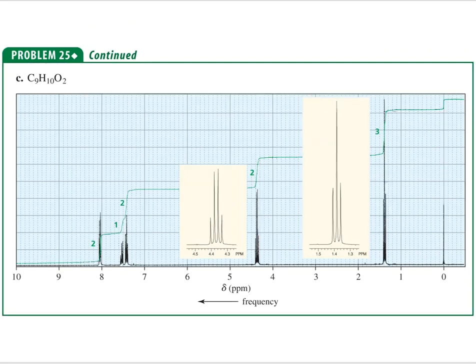All right, so now with problem 25C, this is C9H10O2. We're going to go through the same kind of thing here. So if I look at the number of signals, I'm seeing this big one. Oh, and let me go back.